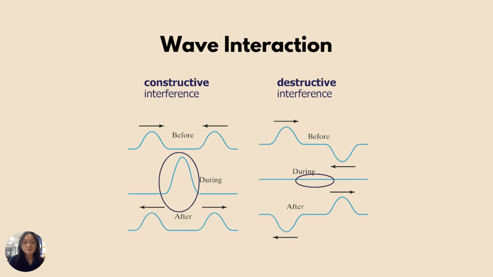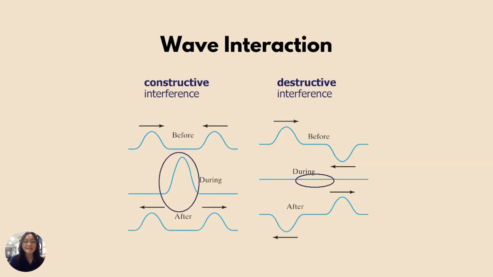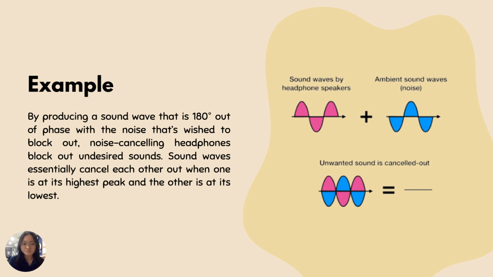For the destructive interference, the waves come from two different sides, one on the top and one on the bottom, and they meet, making a straight equilibrium line, and then they bounce off, switching sides. So the one that was upwards becomes downwards, and the one that was downwards becomes upwards.